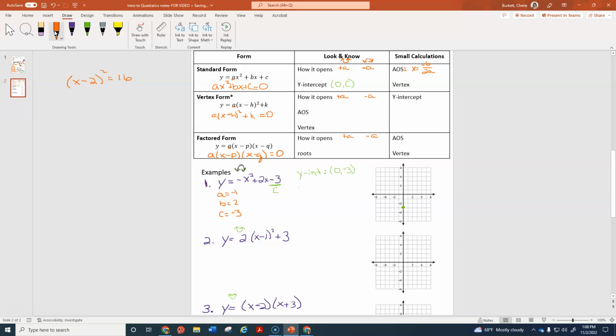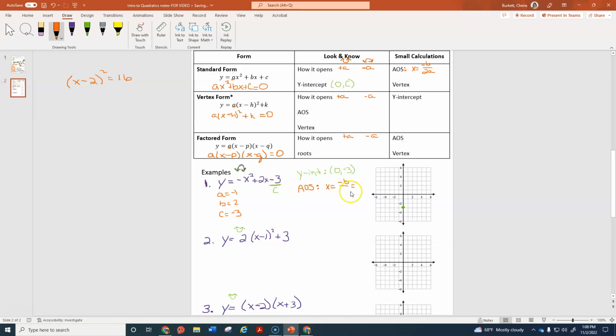So when I'm calculating my axis of symmetry, I know it's going to be x equals, and then I've got to do this calculation. The calculation is -b, so I'm going to look at the b value, it's 2, and this negative sign is telling me to change the sign when I write it down.